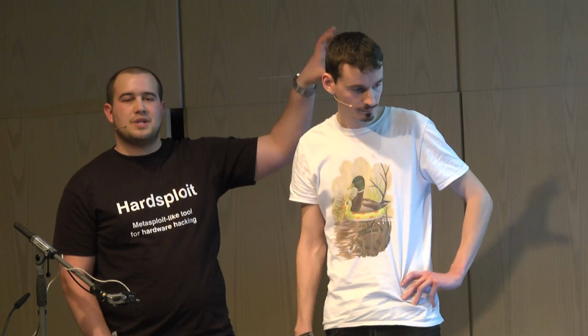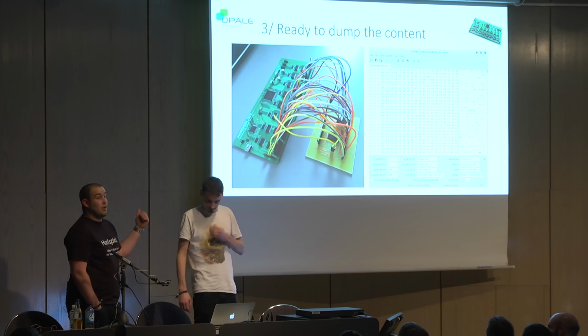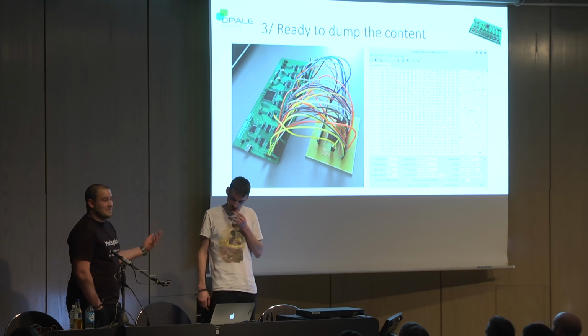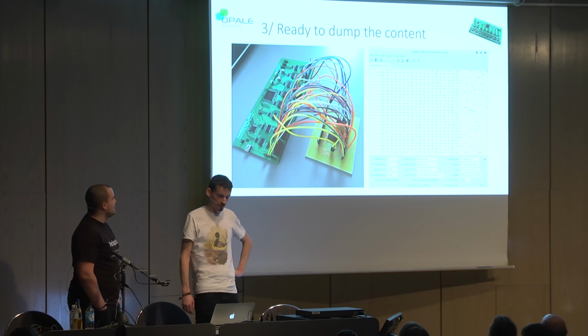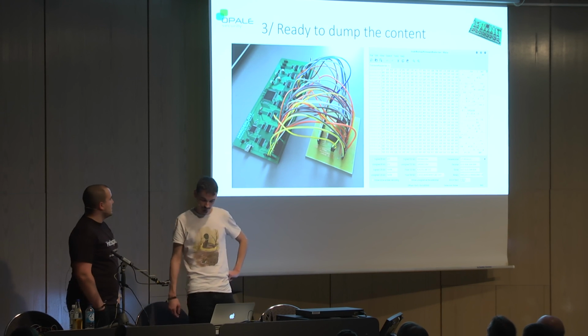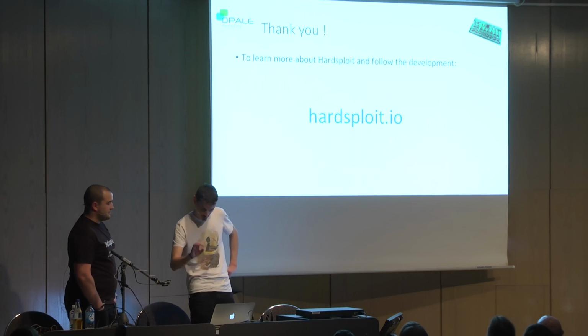It's SquashFS, a read-only file system, so then you will have to remount it, but it's not the Hardsploit task. It's open firmware, so it's not very interesting to dump. It was mainly for testing the parallel bus, just for demo. Okay, I think we are over.